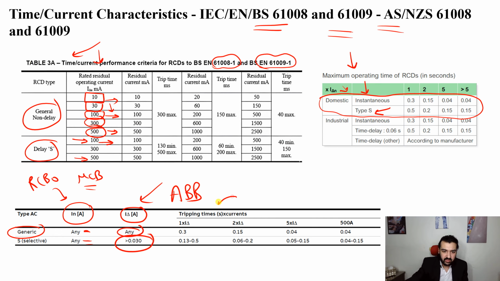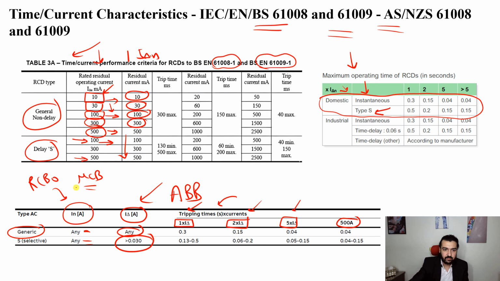Now, tripping characteristics. At 1 times the nominal value, 2 times the nominal value, 5 times, and 500 amperes. These are the ones available by the standard, as we will see. So 1 times, you can see here I delta n is 10 amperes, 30, 100, 300, and so on.